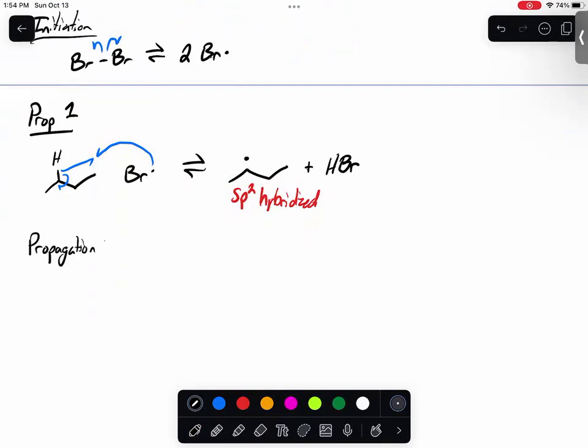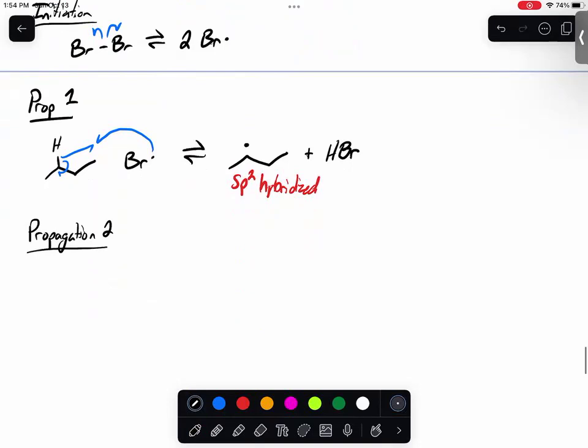Well, in the second propagation step, that radical that we have formed comes in contact with some Br2 and forms a bond. And that bond is where suddenly we become sp3 hybridized once again and chiral.